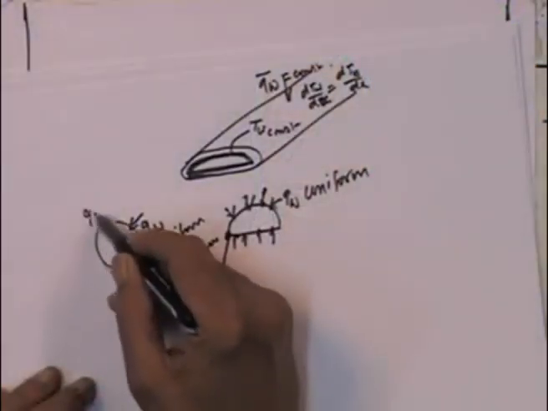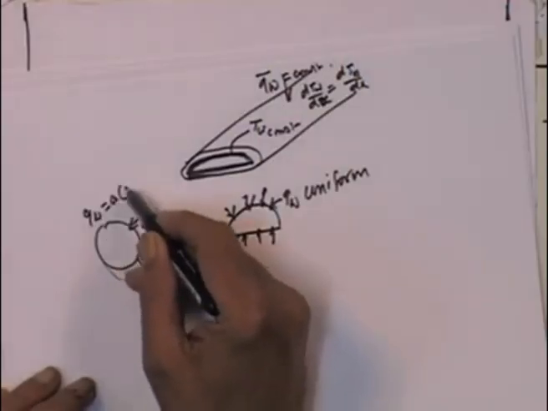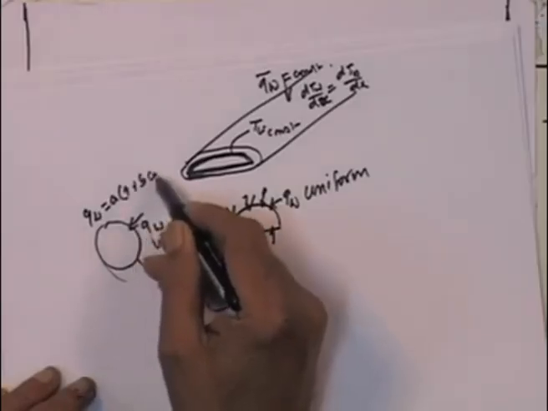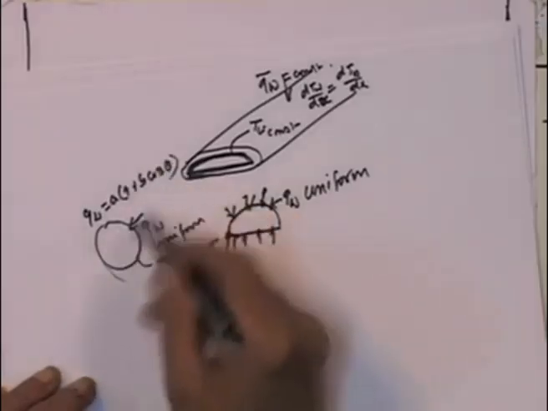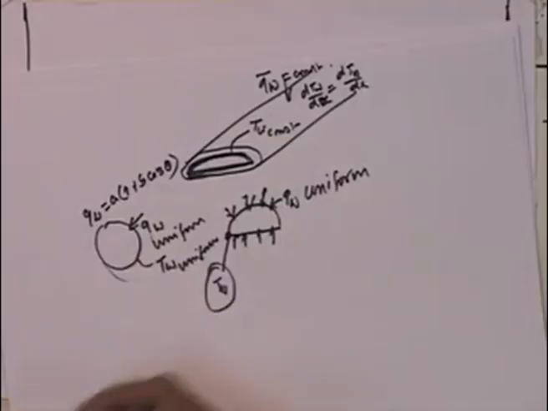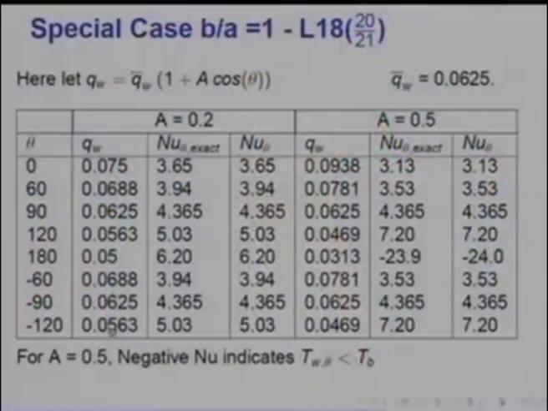Q wall equal to A times 1 plus B cos theta was the circumferentially varying heat flux, and I had obtained solutions by the finite difference method. Those solutions I have now obtained by the present method. Next, you will see here I have taken Q wall equal to Q wall bar times 1 plus A cos theta.